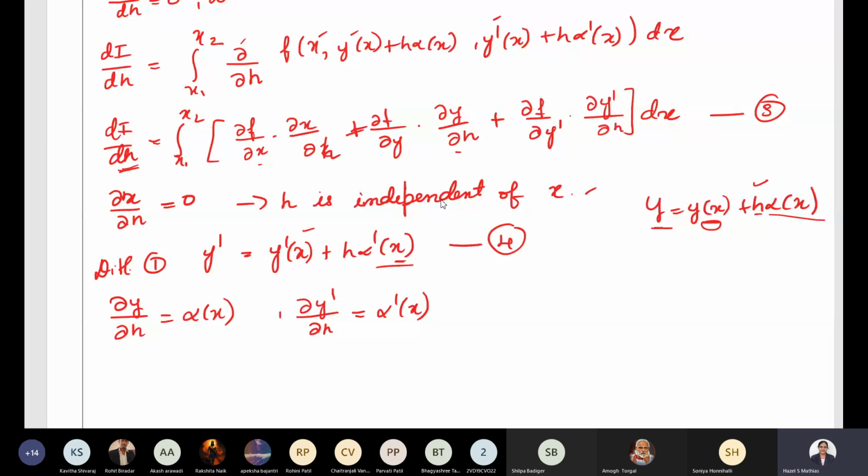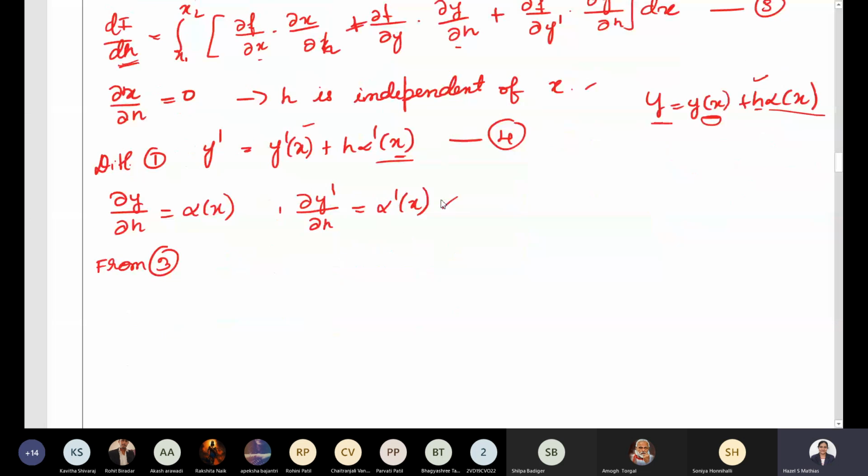Now use all these results and substitute them in 3. So what do we get from 3? dI/dh will be the integral from x1 to x2 of ∂x/∂h, and this term will be 0.